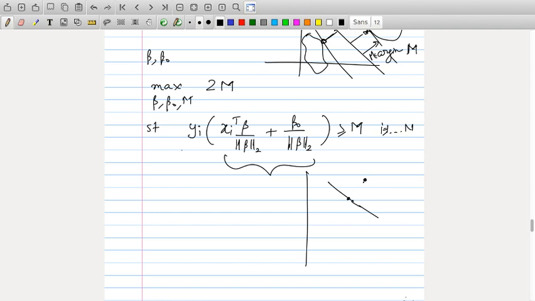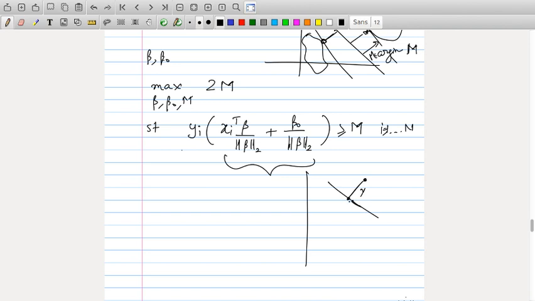So this would be the margin. Actually, each point can have its own number. There will be one point which will potentially be the closest, but each point will have its own number, let's say gamma, and this is the distance of this point from this hyperplane.